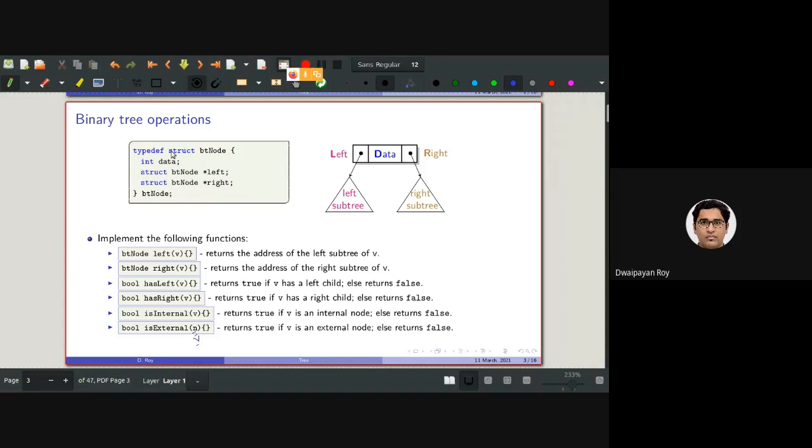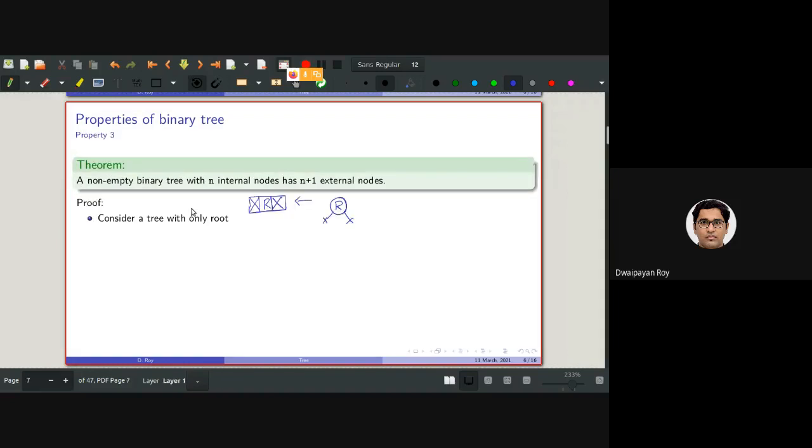Why? Because we have defined this abstract data type, this ADT, which is of type binary tree, and the only instance of it contains the value null. So basically the tree is an empty binary tree. Clear?